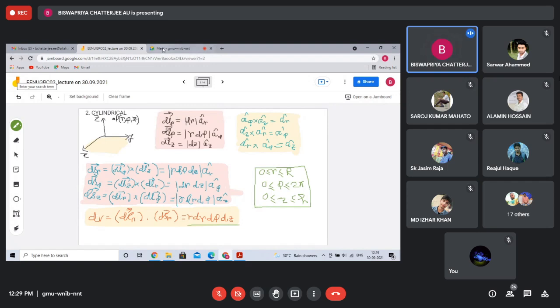Sir, 2 pi r h. No, it's not 2 pi r h. You see, it is not only dr, it is r dr. The integration of r dr is r square by 2.